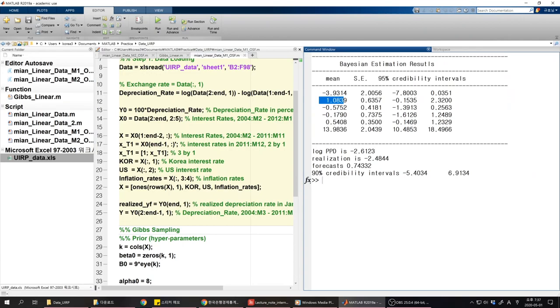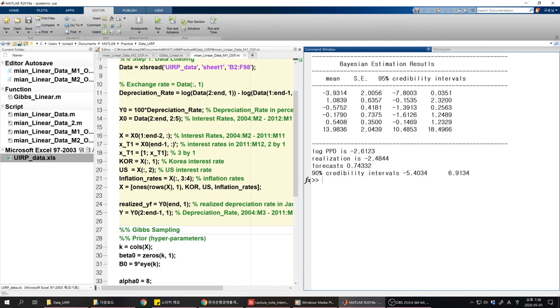The first is the Korean interest rate. Second, the US interest rate. The third one, Korea inflation rate, and the fourth is the US inflation rate. You see that the posterior means are positive here, but we can't say these are big or small.